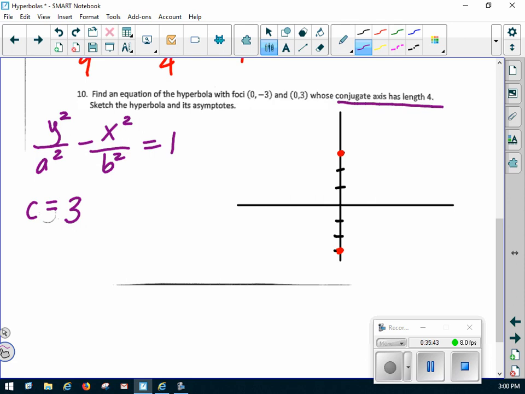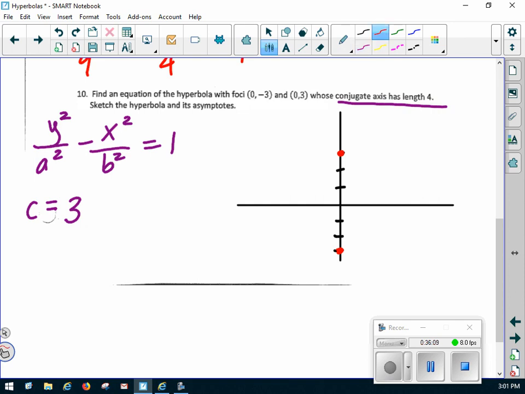Now I'm right here. Go back and look in your notes. Is the conjugate axis the one that goes through the foci or the other one? It's the other one, right? It involves which variable? B. The conjugate axis has a length 4.